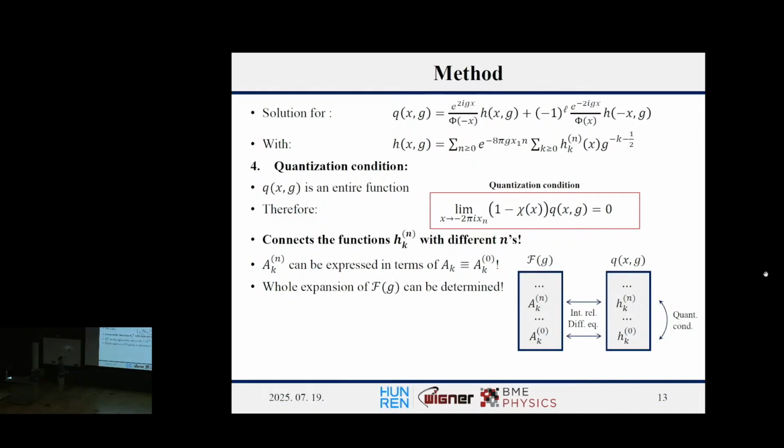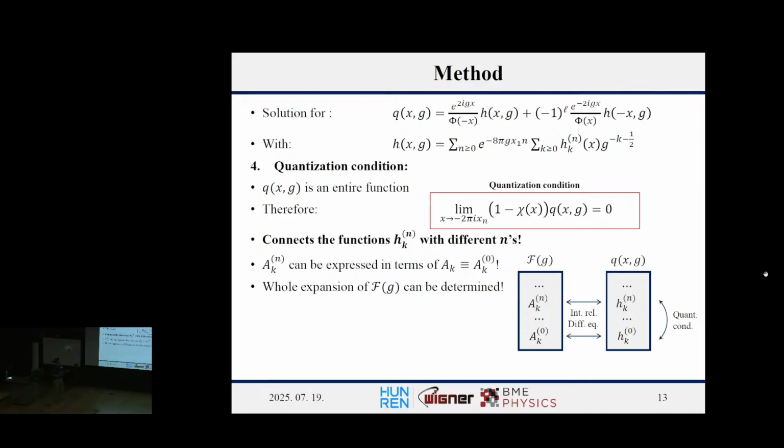This is what we call the quantization condition, but it has nothing to do with quantization. It's just a nice fact that since Q(x) is an entire function, it has no poles. So if we multiply this function with this combination, which, as I mentioned, has these poles in theory at first guess, with this symbol, which has zeros exactly in this location, then when we go to the location of these zeros, the residues should disappear.